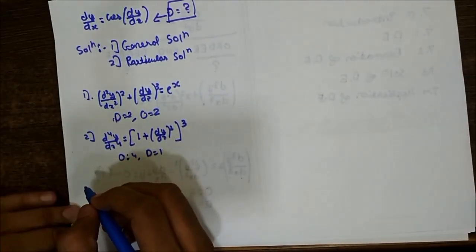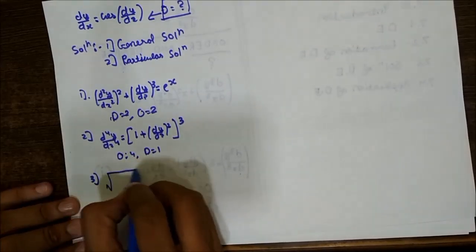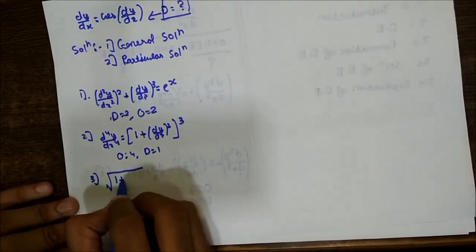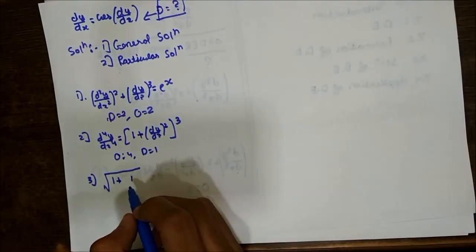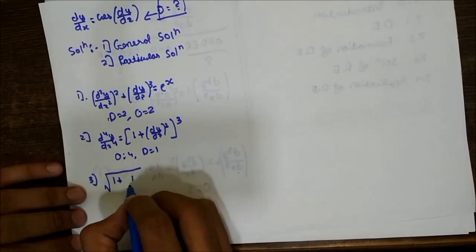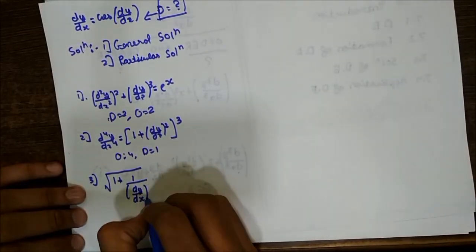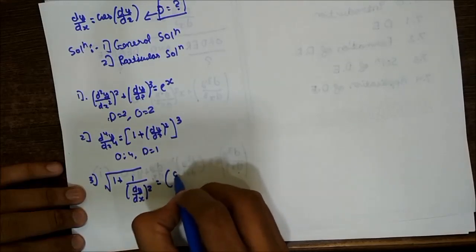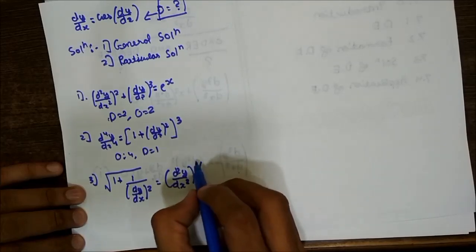We'll take a look at another example, where the example is 1 plus 1 upon (dy by dx) the whole square is equal to (d square y by dx square) raised to 3 by 2.